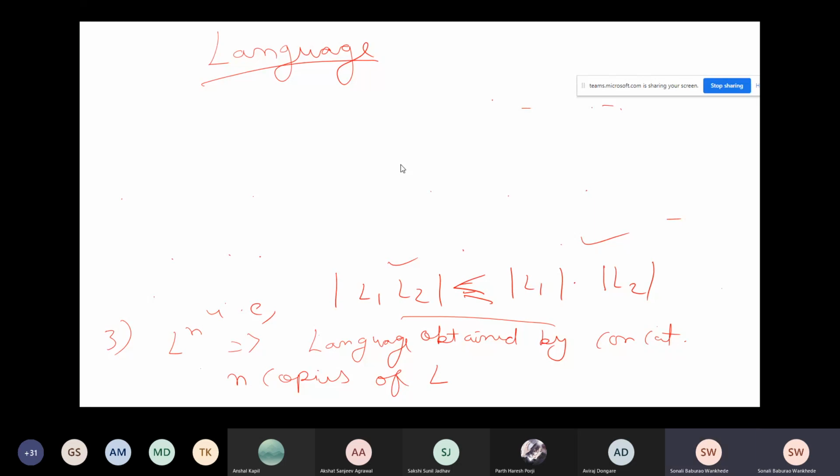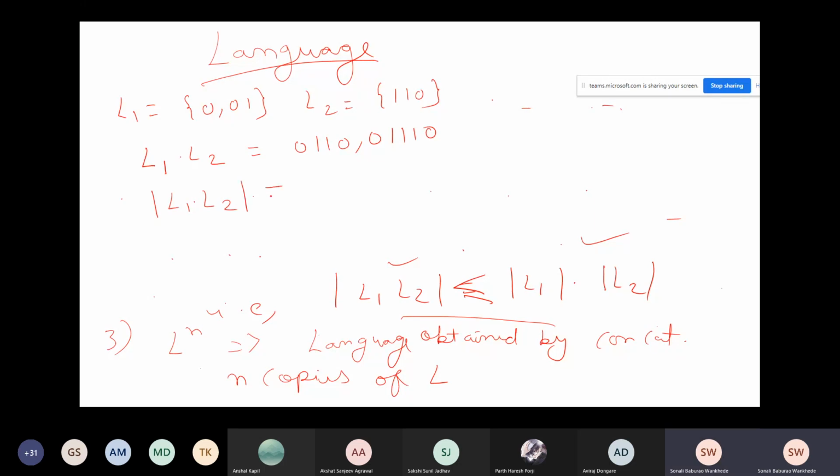So let's take our previous example itself. L1 is given as 0, 0, 1 and L2 is given as 1, 0. Now tell me the value of L1 L2. We got 0 0, 0 1, 0 0 1, 1 1, 1 1 1, 1 0.